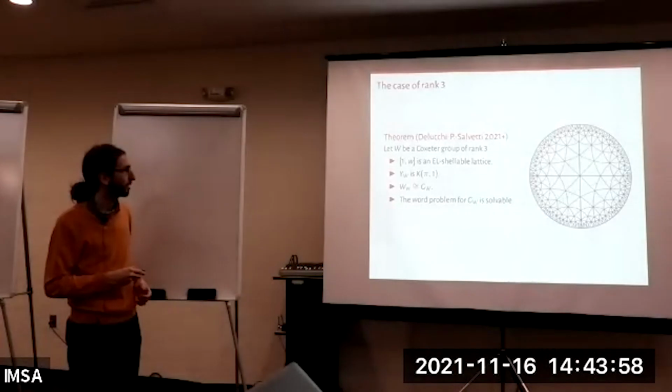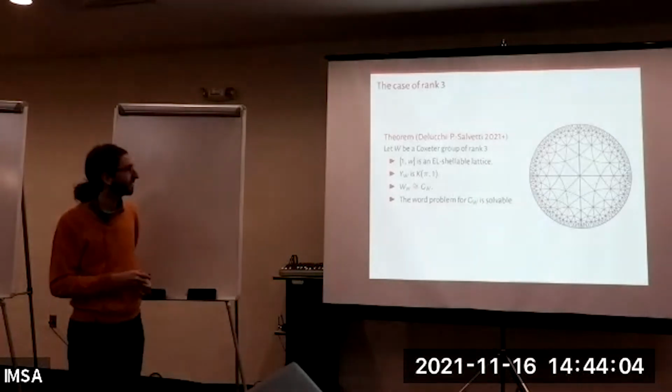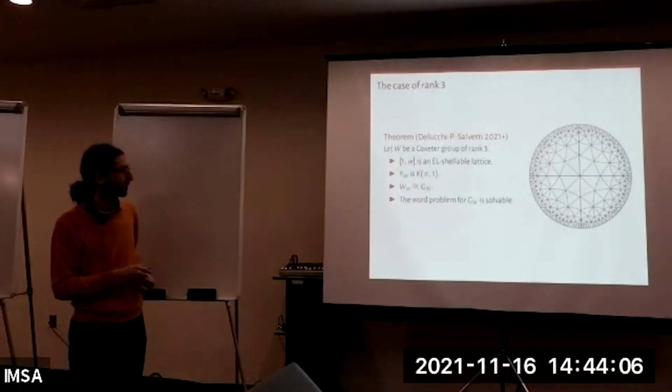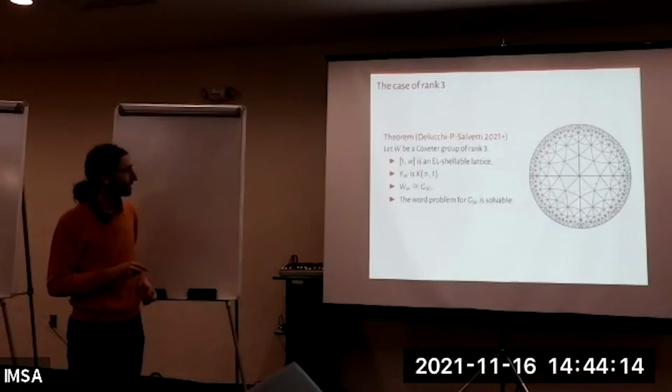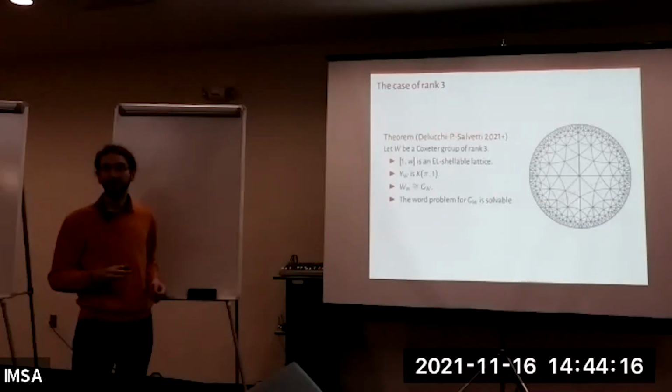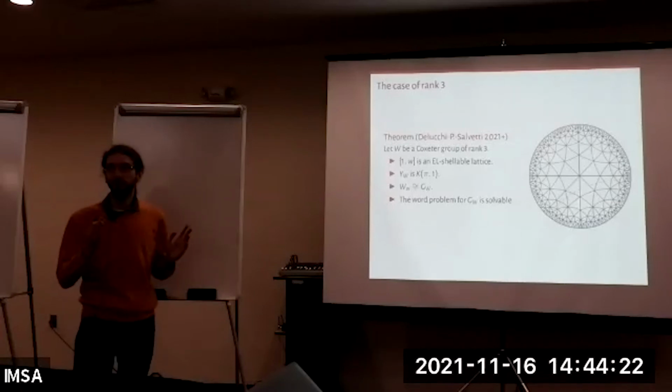So the interval is a lattice. Again, this plays a role in the rest of the proof. The K(π,1) property was known before in this case, so the K(π,1) conjecture is not new here. But shellability and the isomorphism between standard and dual, I think they are new.